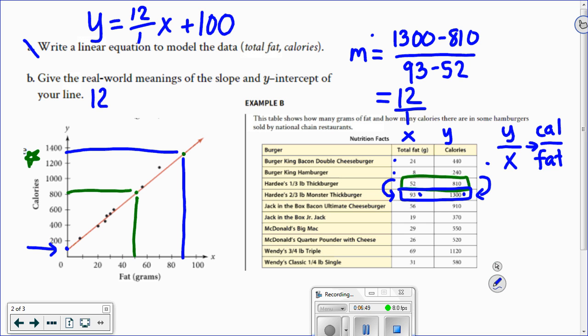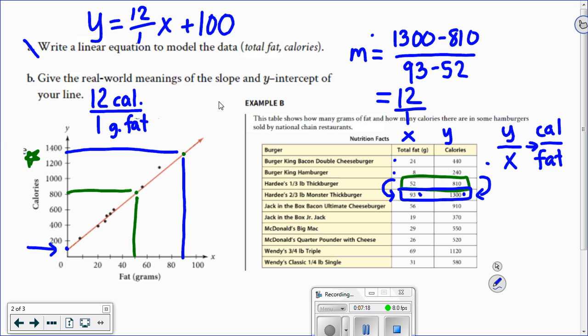That means I have 12 calories per each additional 1 gram of fat. So every time I add a gram of fat, I'm going to add 12 calories. There's my slope, or rate of change. There are lots of different things you can call it.